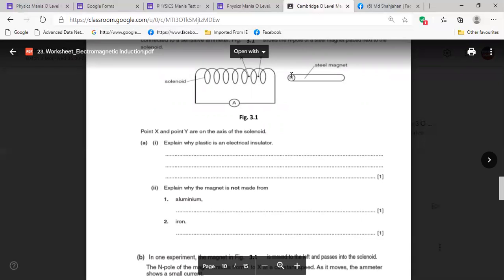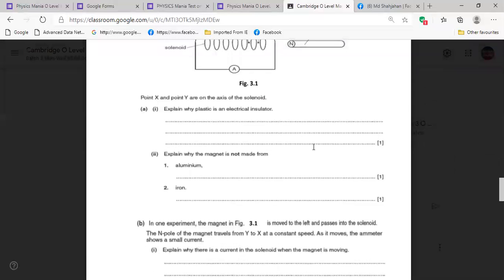If you reverse the magnet, then you can take the South Pole towards the solenoid. Is it clear? If you are taking the North Pole towards the solenoid, the direction you will get. If you are taking South Pole, you will get opposite direction, right?